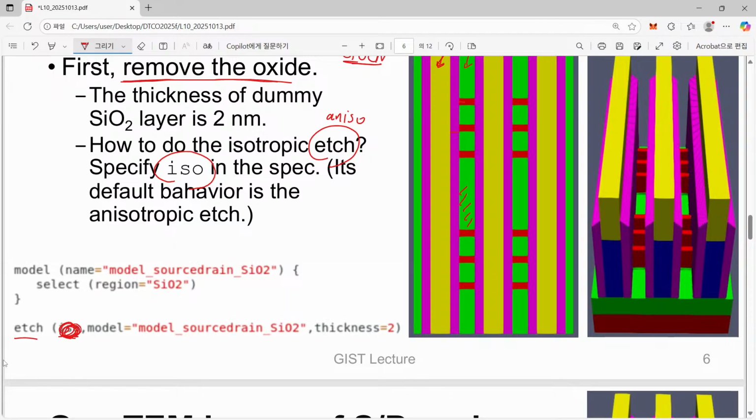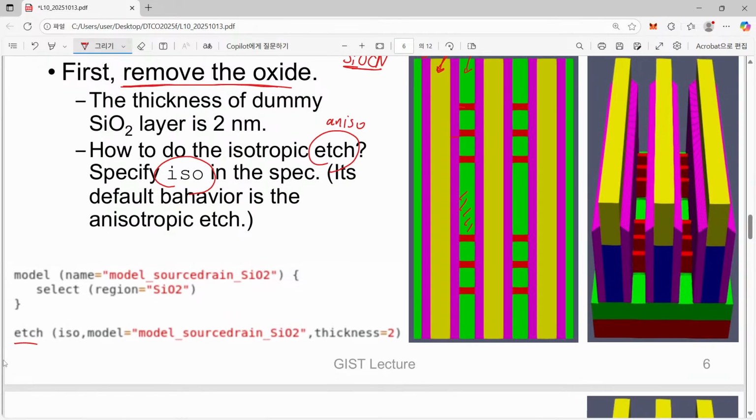If you do it without the ISO option, then you will find that you still have a sidewall corresponding to the dummy gate. But if you activate this ISO option, then you can find that it is well eliminated from your final structure. Why is it important to remove this oxide?